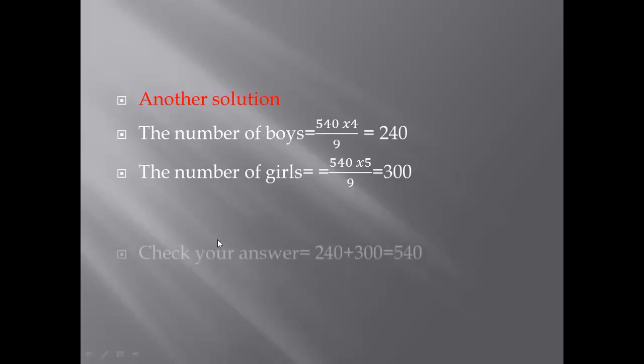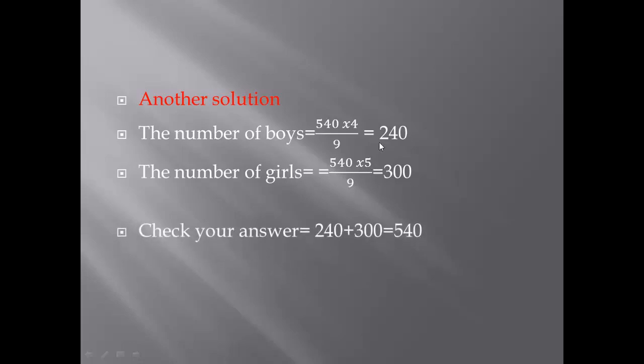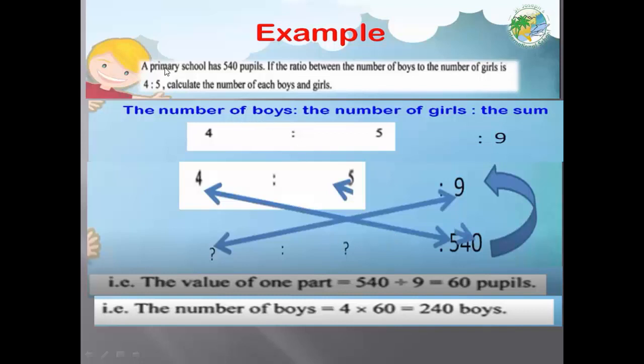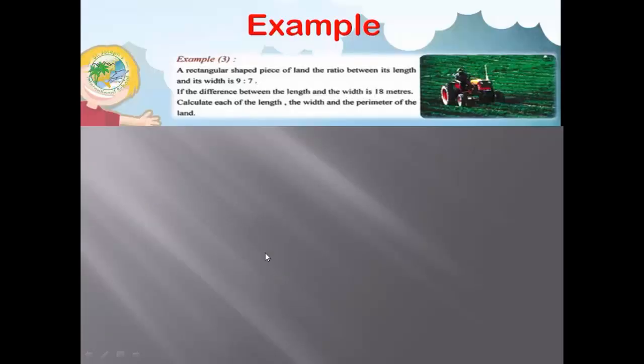If you want to check your answer, you can add: 240 boys plus 300 girls equals 540. This answers the question: how many people are in this school? 540.